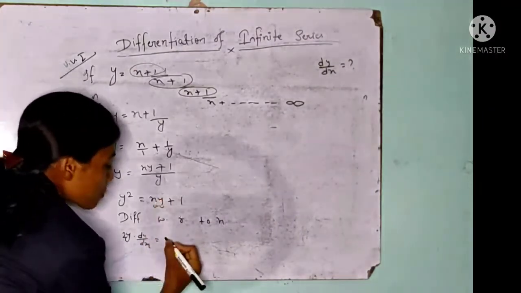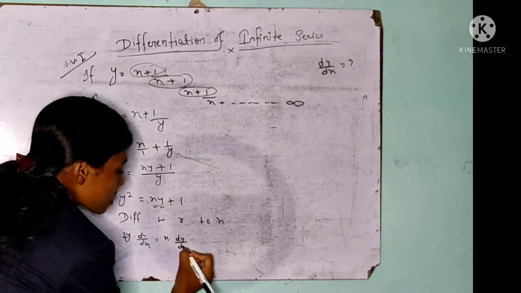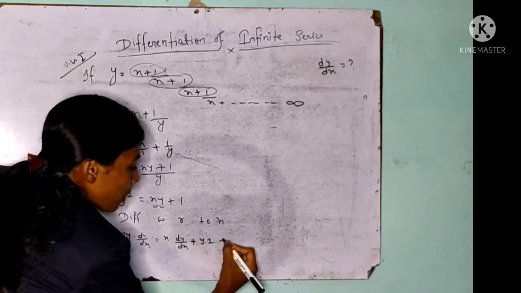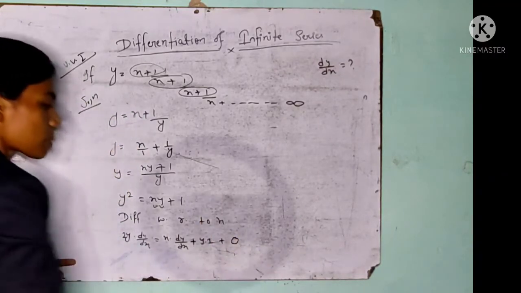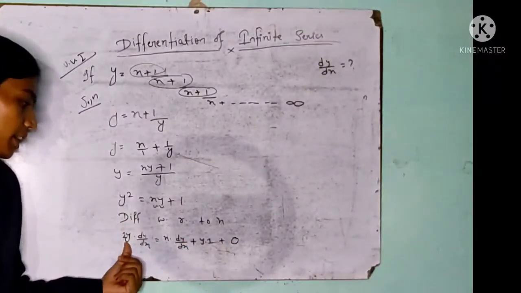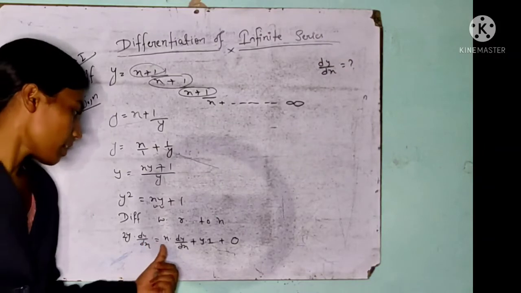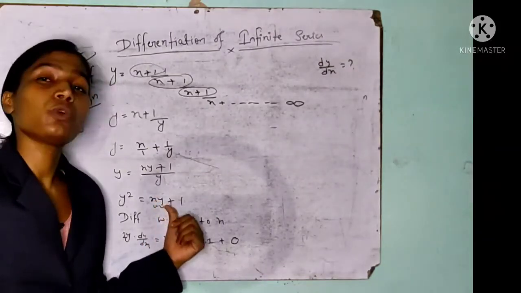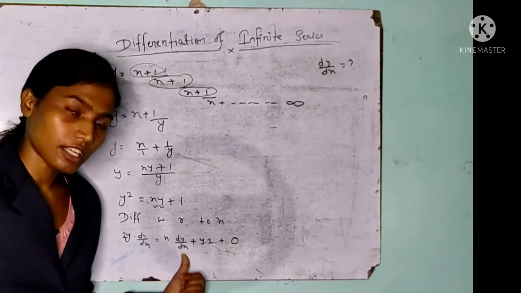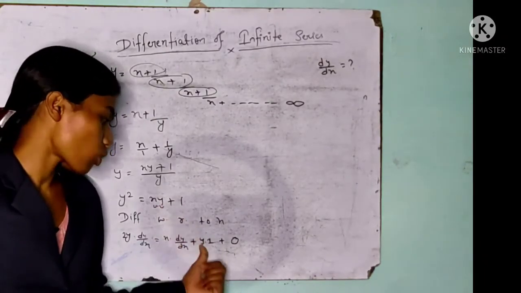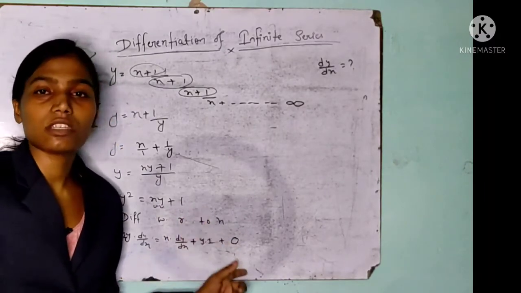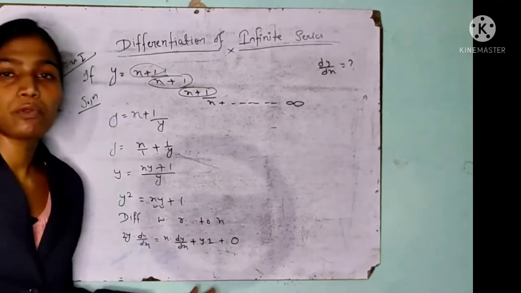Here x is u, so x as it is into the differentiation of y, which is dy by dx, plus y as it is into the differentiation of x, which is 1, plus the differentiation of any constant, which is 0. I hope up to this point you can understand.